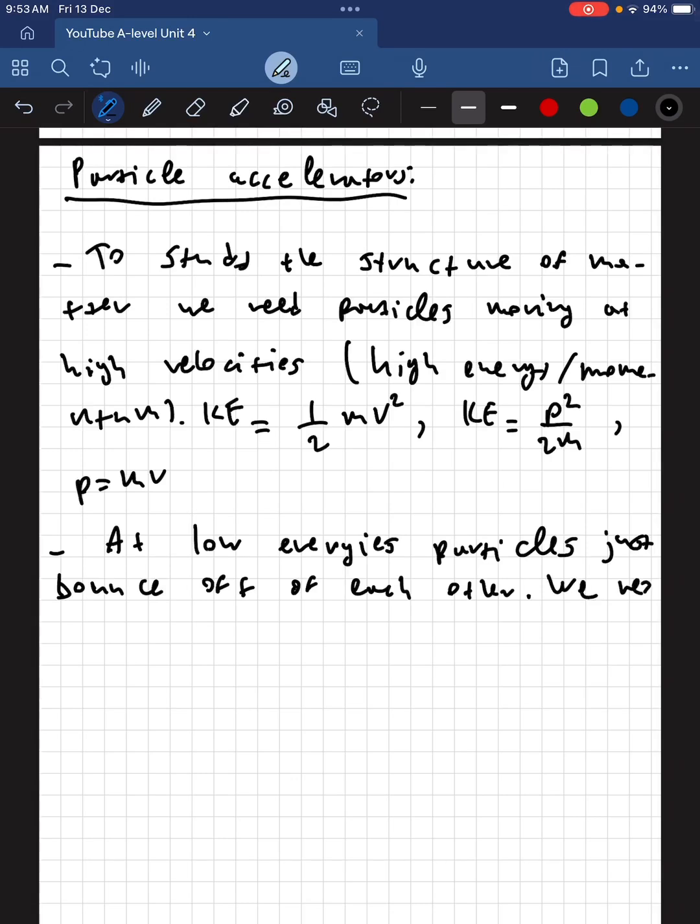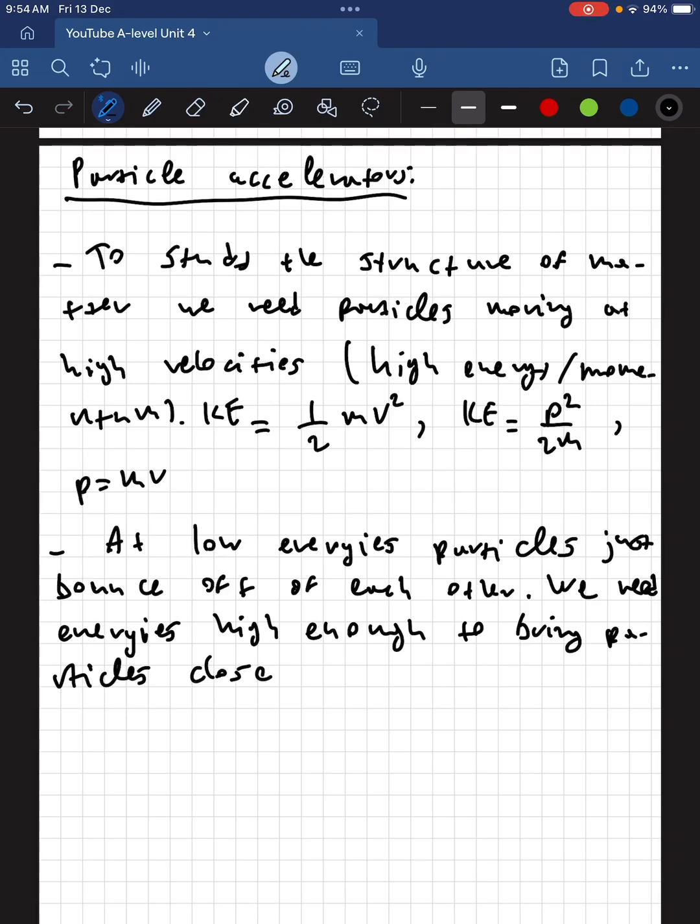So we need energies high enough to bring particles close together so they interact.